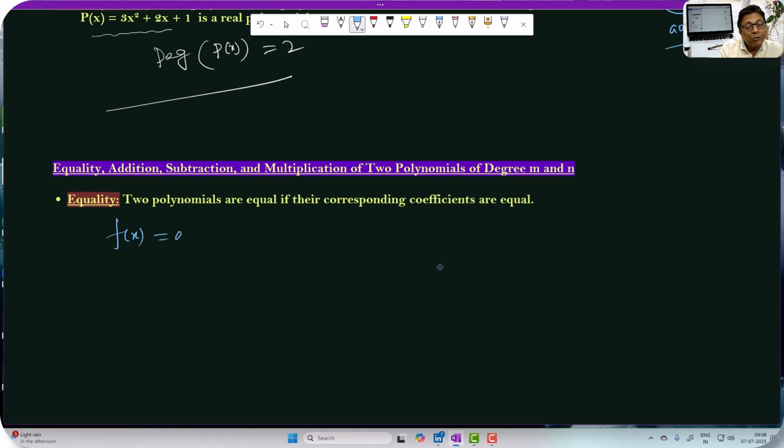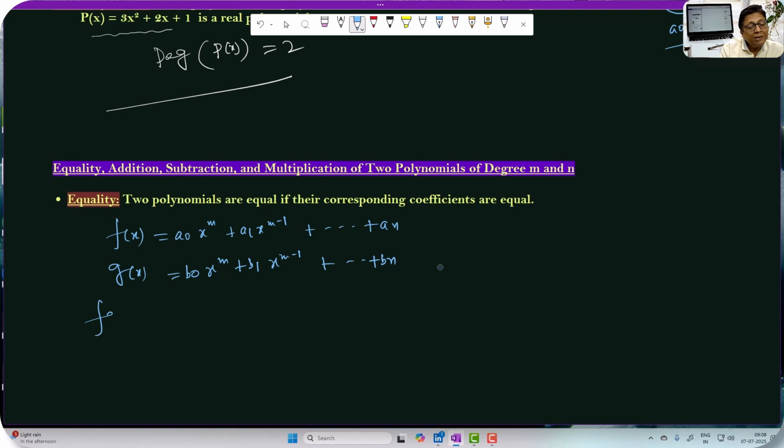Let f(x) equal to a0 x^m + a1 x^(m-1) + ... + am, writing in brief, and another polynomial you take g(x) equal to b0 x^m + b1 x^(m-1) + ... + bm.